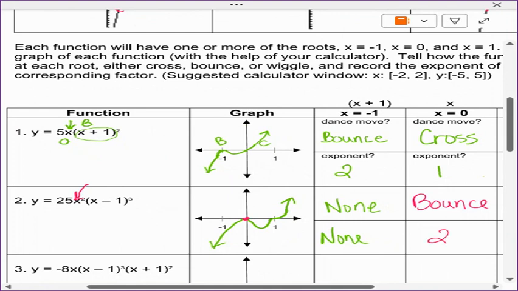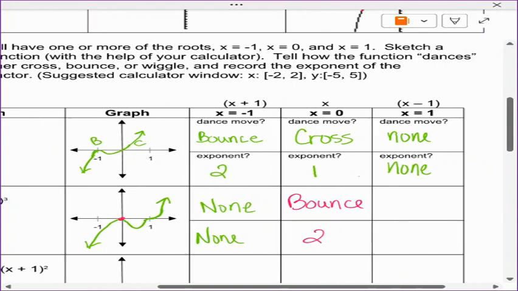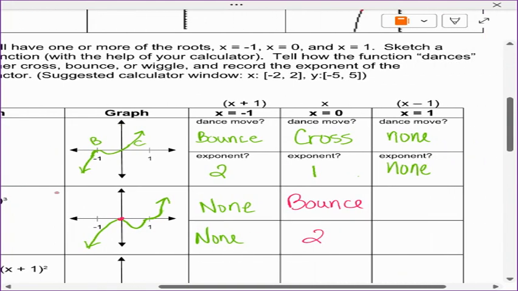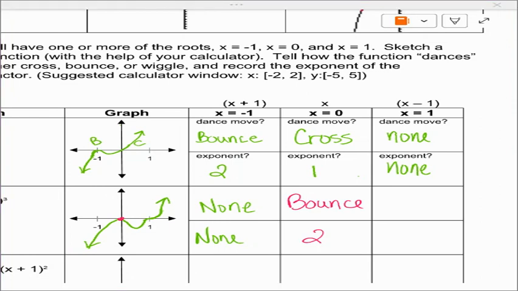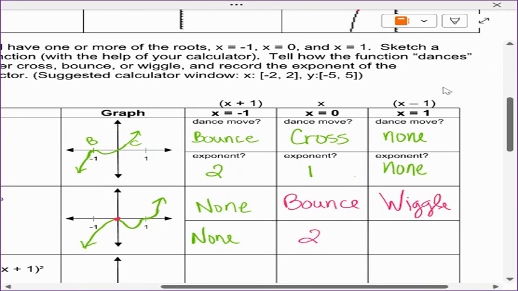Bounces happen on the power of 2 or even powers. What about when x equals 1? What's happening there? You can see it hopefully really well right here. A wiggle. Well, what is the exponent there? 3. Isn't it x minus 1, the quantity cubed?